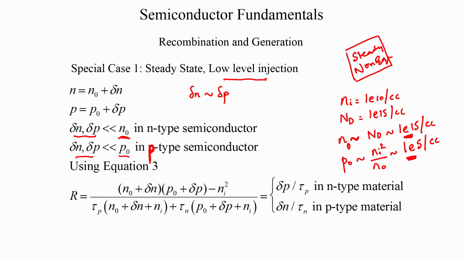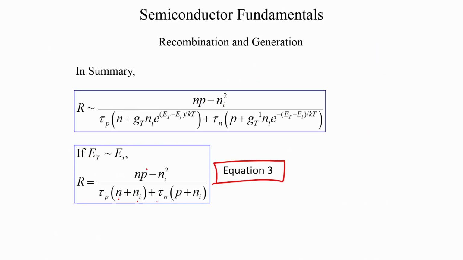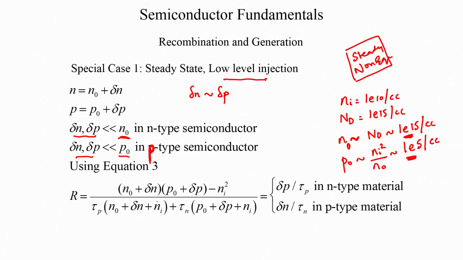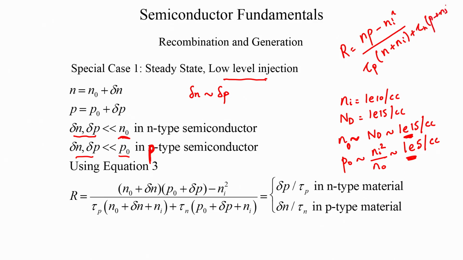Now, under these conditions, let us go ahead and use our equation 3. Just for the sake of clarity, I will write it down again. It said that R is equal to (np minus ni square) by [tau p into (n plus ni) plus tau n into (p plus ni)].